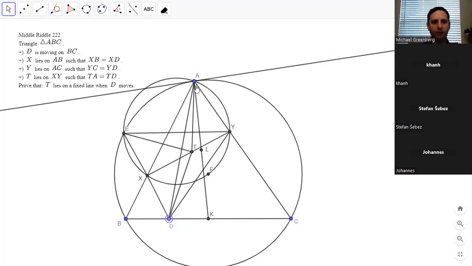So the tangent at A, like you said, it's like an anti-parallel. So I don't know if some medians might be helpful here.